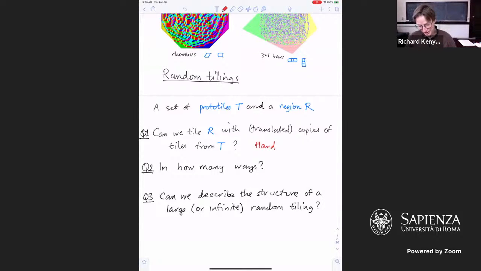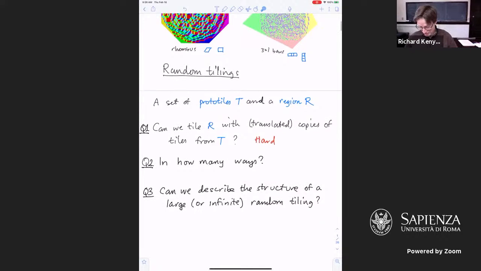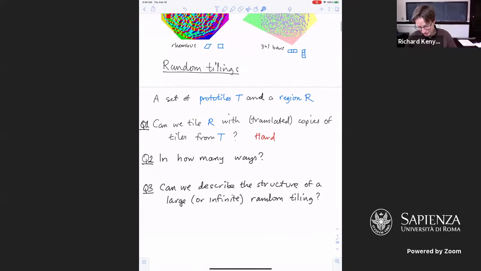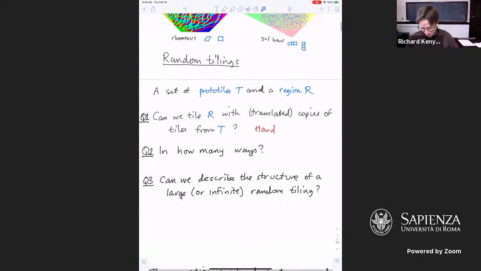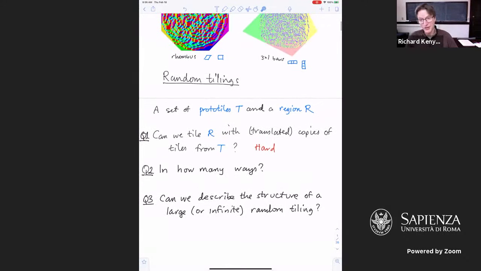And of course, then, if you want to think probabilistically, we would like to ask some combinatorial question: if we can tile, how many ways can we tile? That's even harder, of course. And as probabilists or statistical mechanics people, we'd like to understand the structure of a large or possibly infinite random tiling. All right, those are the basic issues that we are thinking about here.